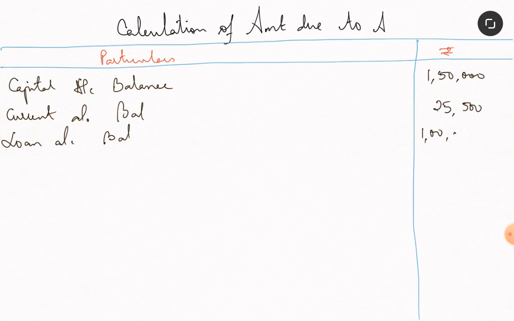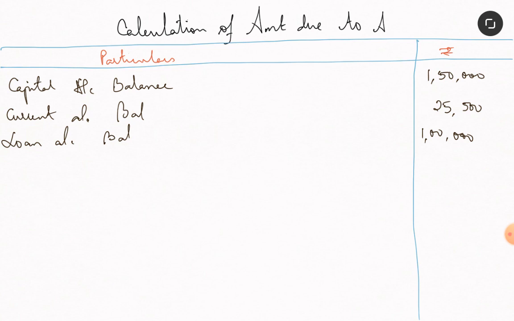He has a loan of rupees 1 lakh. And on that loan, there is an interest which is due to him. The other interest has already been charged to the profit and loss appropriation account. We have adjusted it through the partner's current account, and that is how we came to the current account balance. Now, this other interest should affect the amount due to A. So it should be an accrued interest. It hasn't been paid yet.